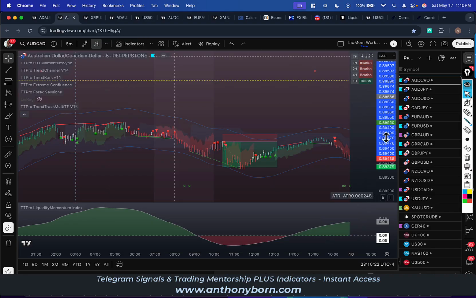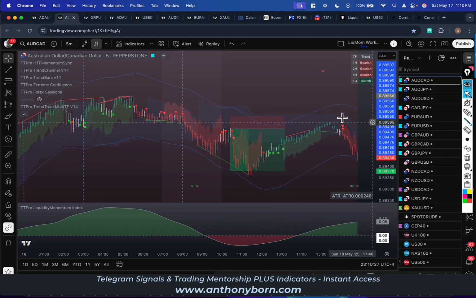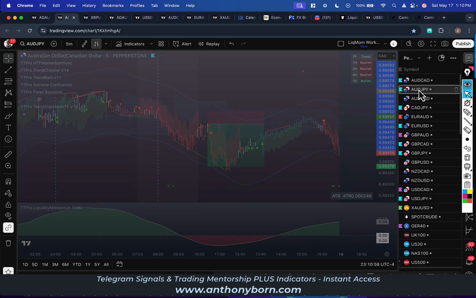All right, and if you want that extra confluence, see how the background is red. You could include that. And you want the 4-hour here and the 2-hour to be bearish, these guys. 5-minute chart. I'm not really that interested in the daily at the moment. So let's just run with that and see how the Aussie yen stacks up.